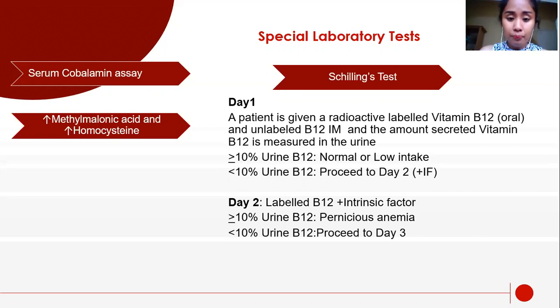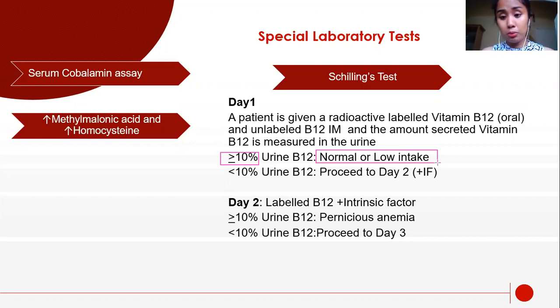Class, dito tayo. I'm going to annotate this one. Sabi niya, if more than 10%, yun yung ina-achieve natin. Either normal na yun, so stop. Huwag na tayo mag-proceed sa day 2, or there is low intake. That's why we did Schilling's, because may mga symptoms yung pasyente.